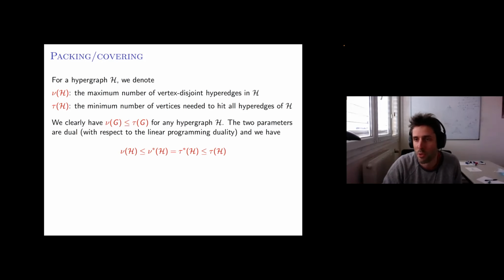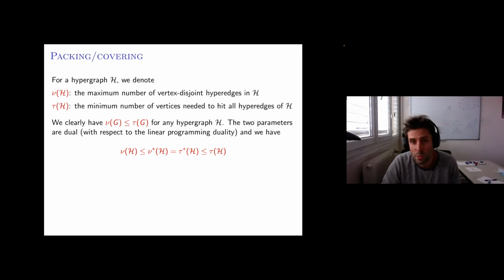If you know linear programming, you know that these two parameters are dual. And so the fractional relaxations of the two parameters, which are denoted by nu star and tau star, are actually equal. And they are sandwiched between nu and tau. I'll go back to linear programming and fractional relaxation later in the talk. So I'm not going to define these now, but we have this nice chain of inequalities.